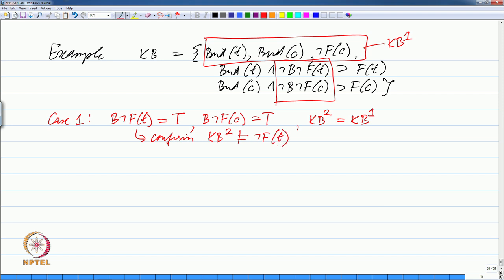That is a step that we have to do to verify that the expansion is stable essentially. So, we should be able to show that not flies Tweety is entailed by the knowledge base, and likewise for the other one, which is not flies chili. Now, not flies chili of course holds in the knowledge base because it is given to us, but this test fails. So, it is not stable.